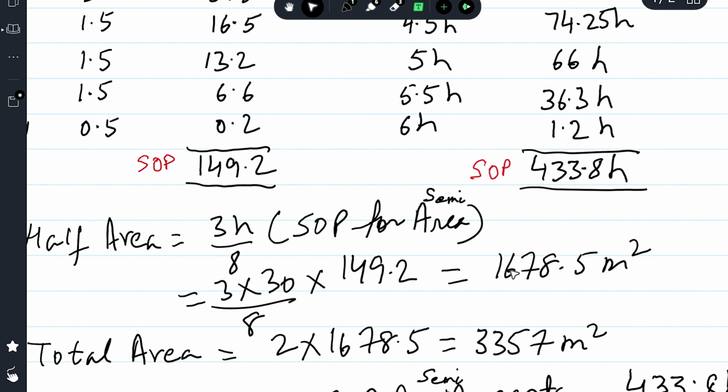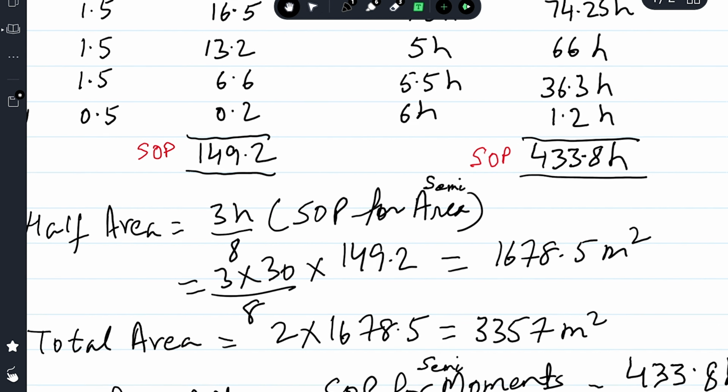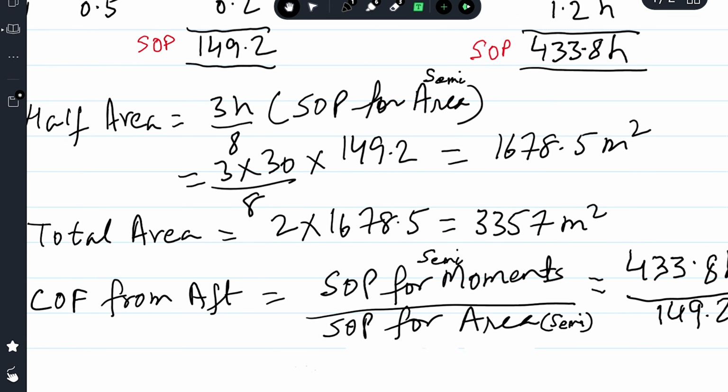I get 1678.5 meters square. For getting the total area, multiply the half area with 2. You get the full area. This is our first answer, 3357 square meter.